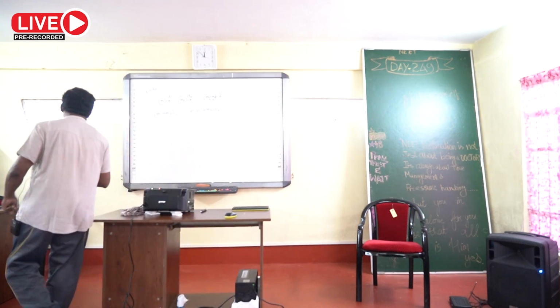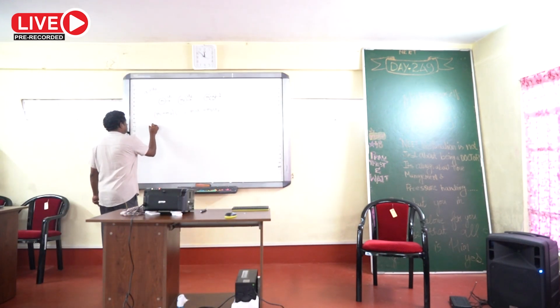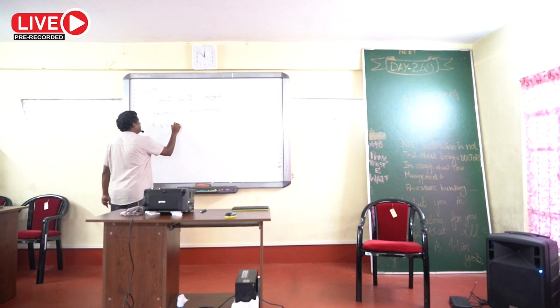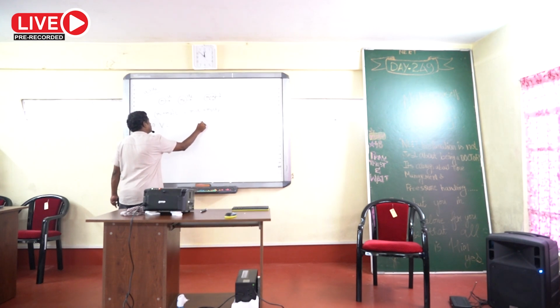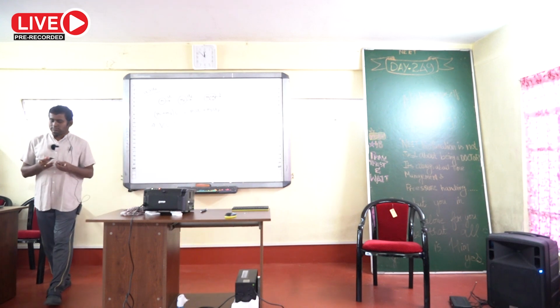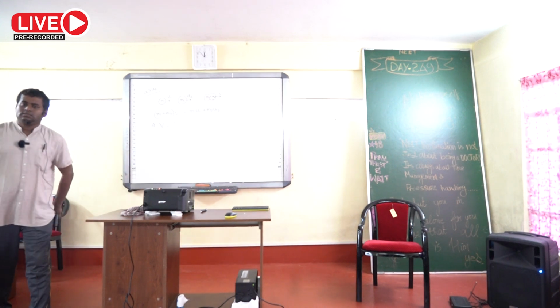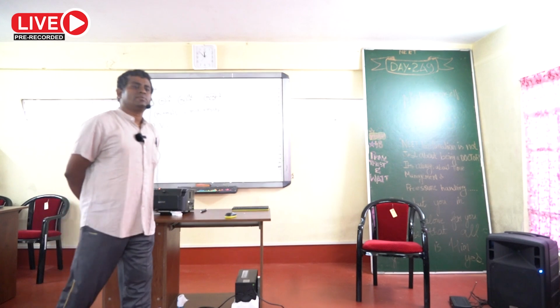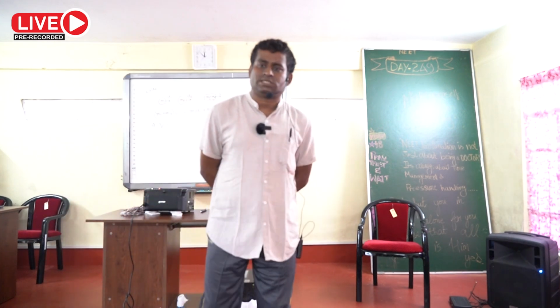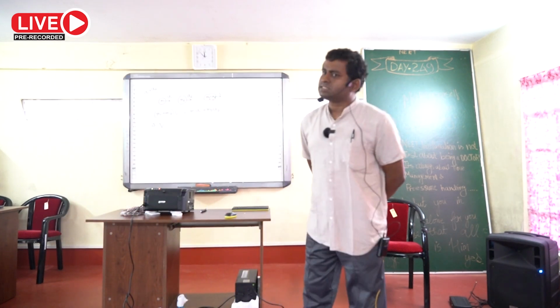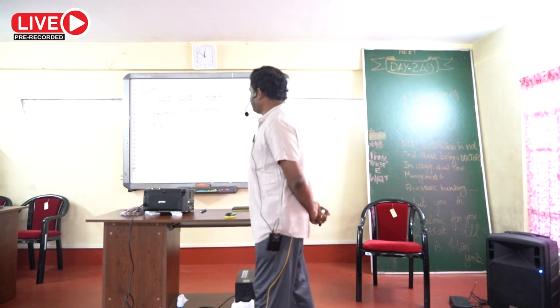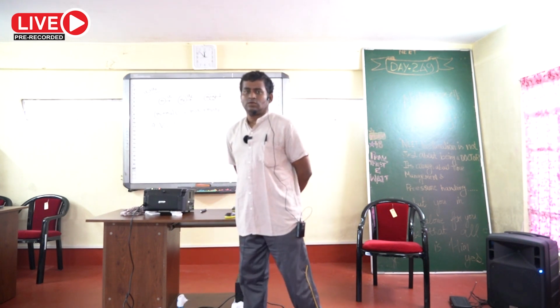I can directly write from here that v equals (m1 u1 plus m2 u2) by (m1 plus m2). So the second equation is no more required to find the velocity. One equation is sufficient. Okay.